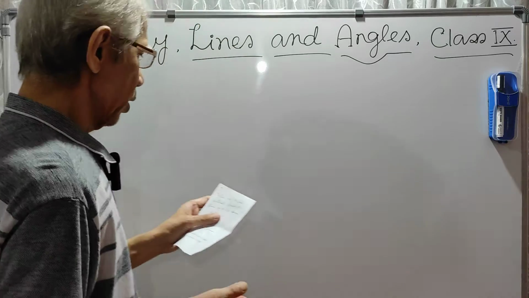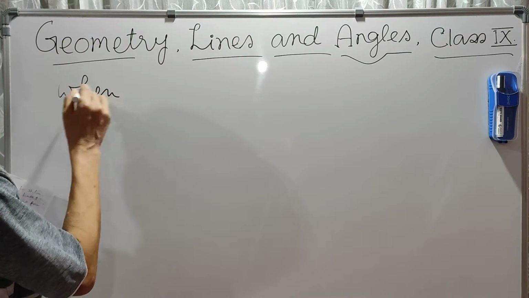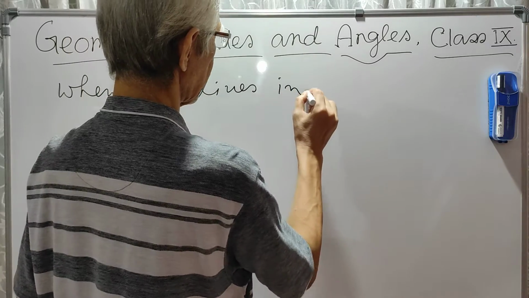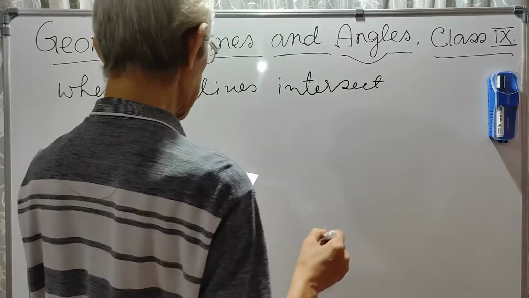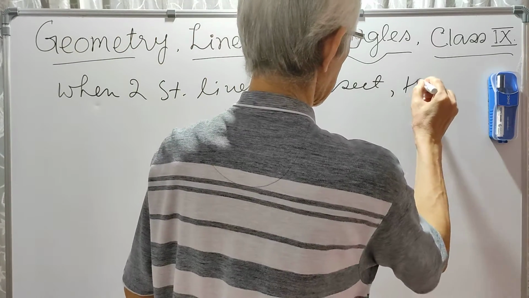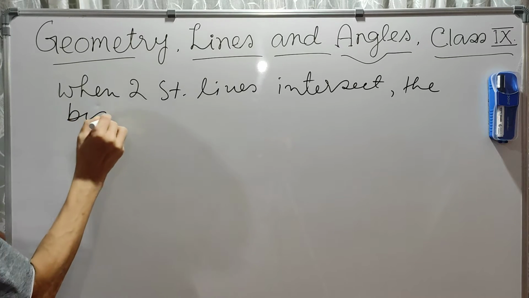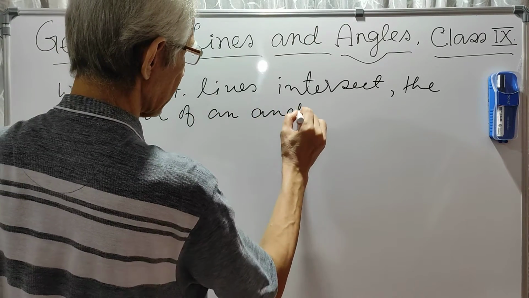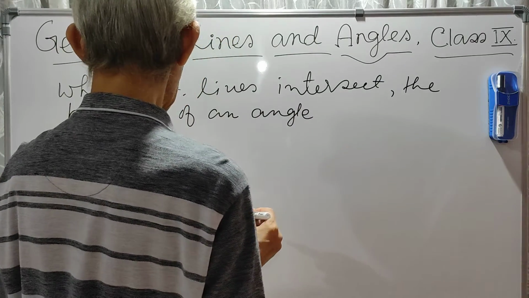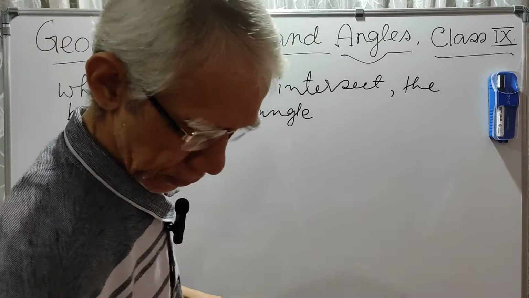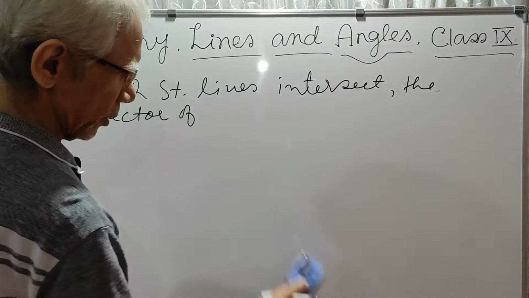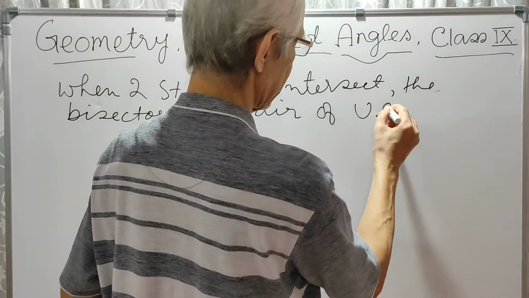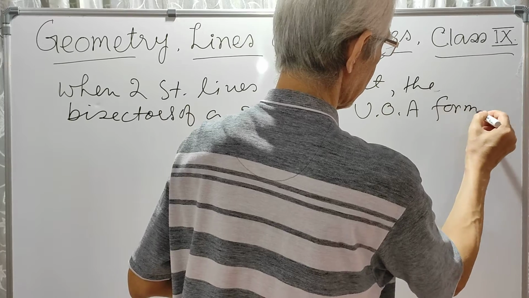Suppose this is a question. When two straight lines intersect, the bisectors of a pair of vertically opposite angles form a straight line.